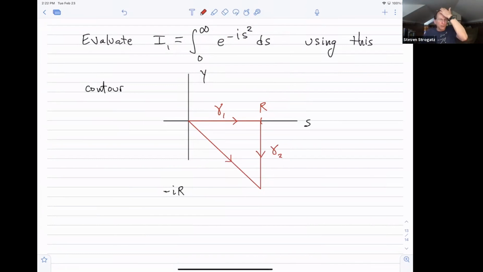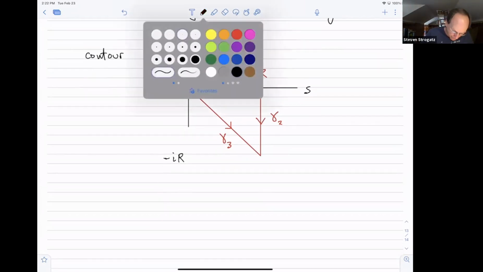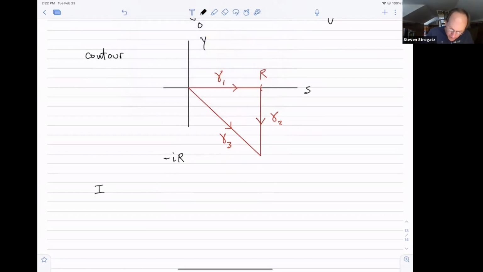Depending on how you want to do it, we could close the contour, or we could just equate these two integrals. If I compute the integral on each of those curves, then the integral on curve 1 plus the integral on curve 2 is going to be the same as the integral along curve 3, because they join the same points, and this function, e to the minus i z squared, is analytic everywhere.